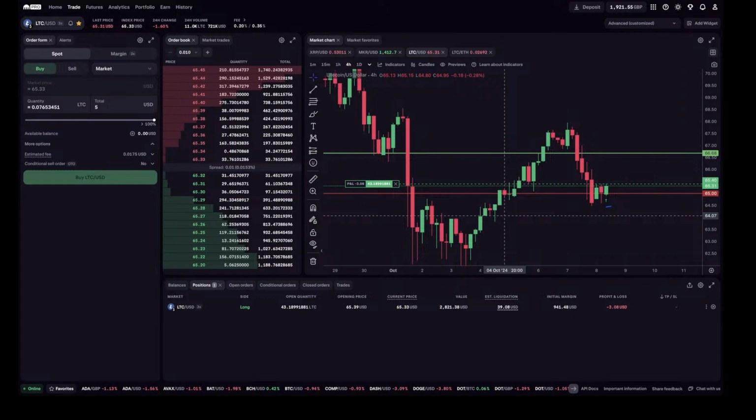Okay, so Tron's given me a potential long, maybe setting up. Not yet. Tezos, give me a short.